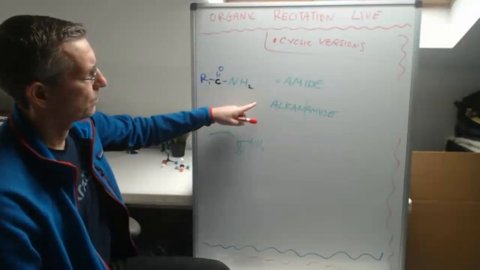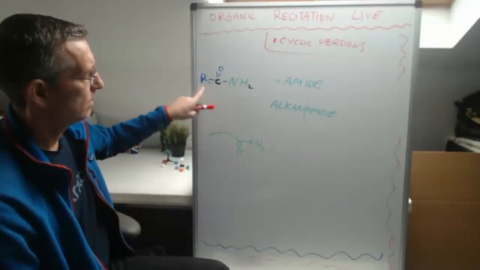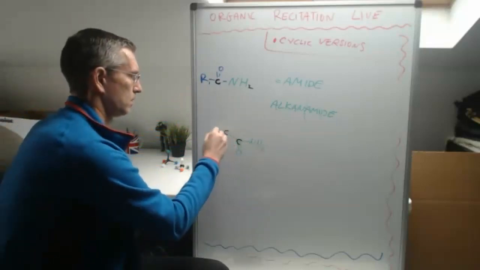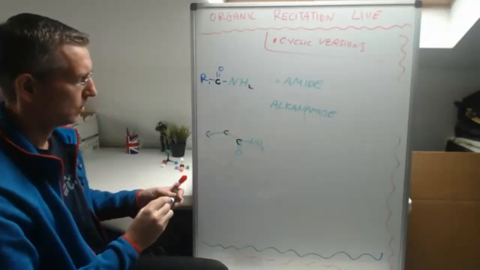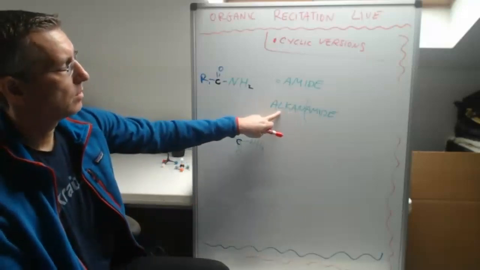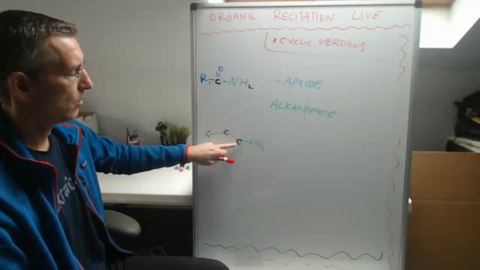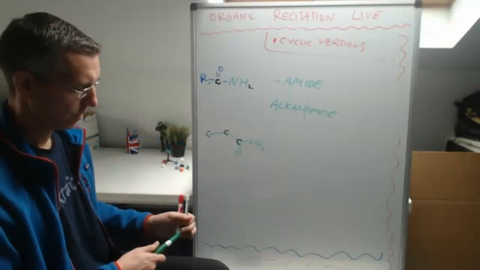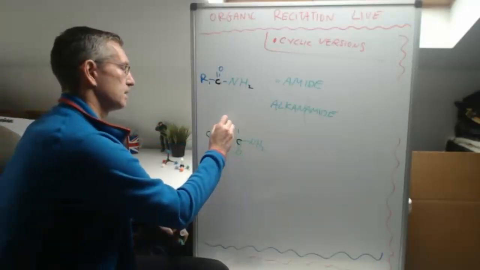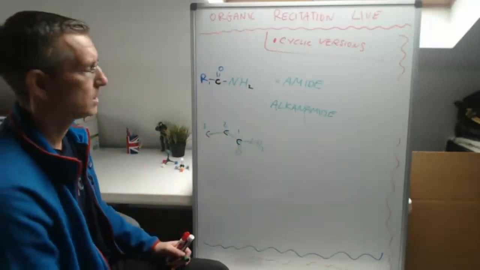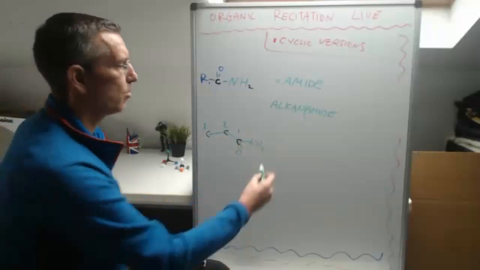So for an amide, you're going to name it based on the number of carbons, remembering, of course, to count the carbon of your CO double bond. So this would be a 3-carbon sequence. So 3 carbons is propane.